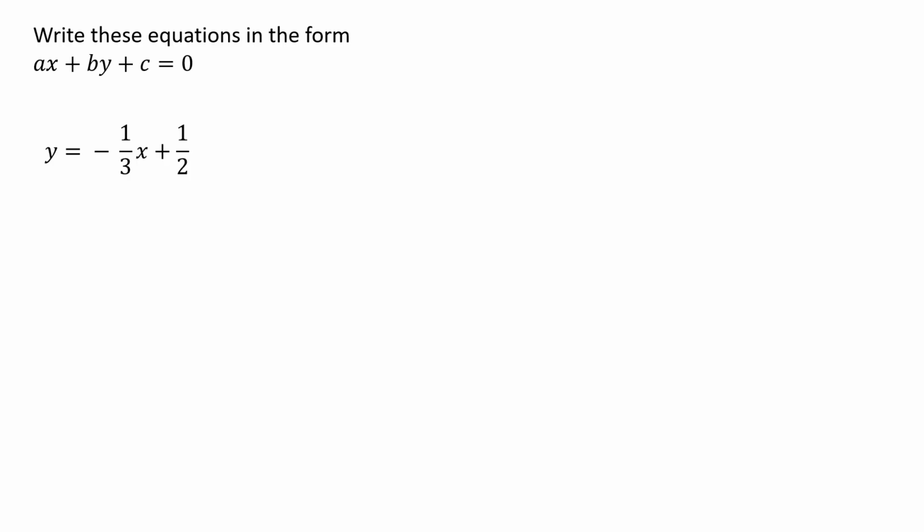Write these equations in the form of ax plus by plus c equals 0. So in this equation, y equals negative 1/3 x plus half. This is a fraction. So before I'm going to rearrange, I'm going to change this fraction into full number.